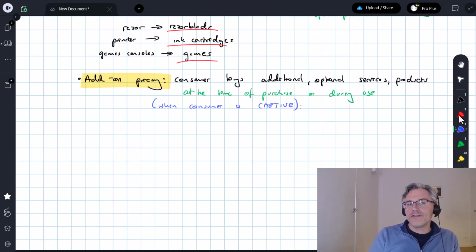But additional insurance, no, I didn't buy the additional insurance. I didn't think it's worth the price. But somebody else might have clicked yes and bought that additional insurance as an add-on product.